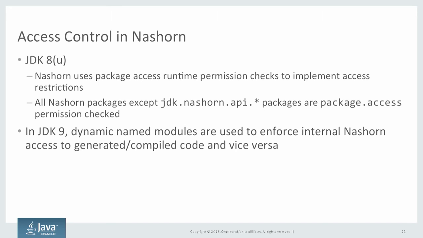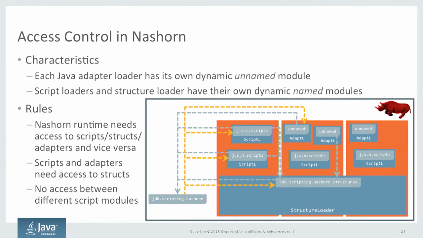And by putting some of the Nashorn core packages on that list for package.access, this was made possible. In JDK 9, we have much, much better encapsulation thanks to modules. It does not depend on the security manager or any such standard policy. It's just all thanks to the module mechanism. And the security manager can focus on doing what it's supposed to do, caring about security.